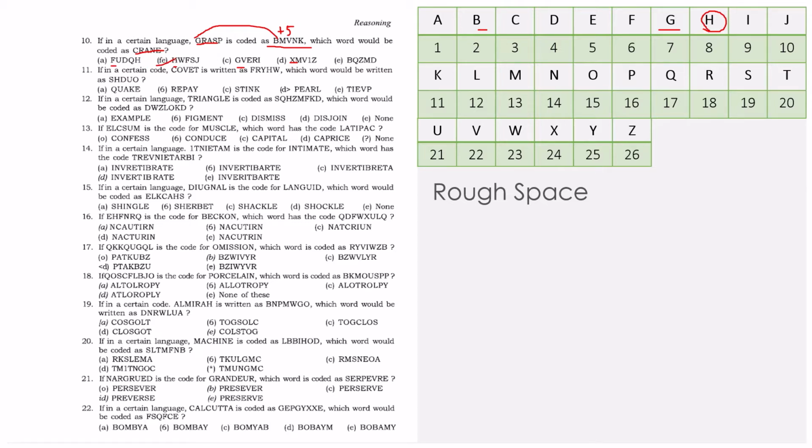And guys, you may get the doubt, why can't we go 5 behind C, like 1, 2, 3, 4, 5, where we even get X? But if you see the relation in the code, you have to go 5 steps forward. You can also see the relation clearly mentioned over here.